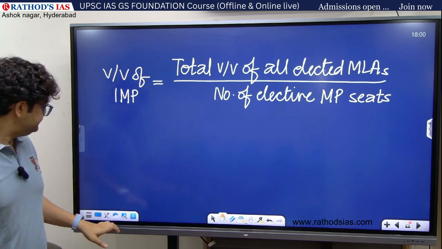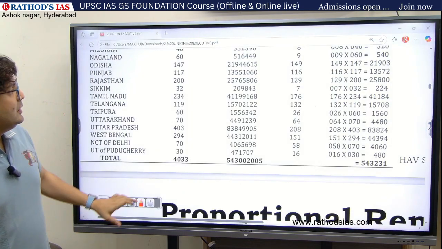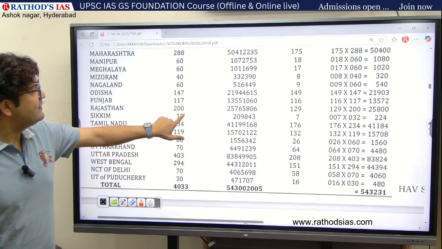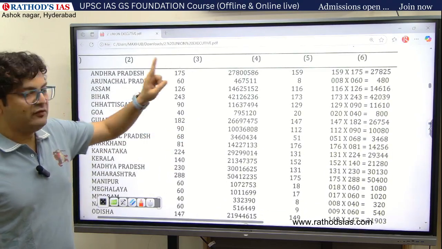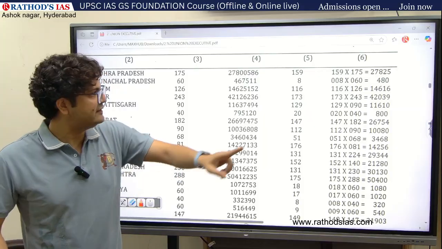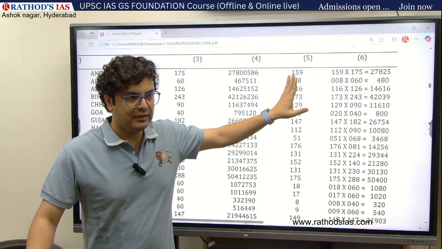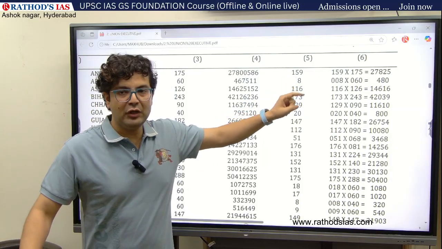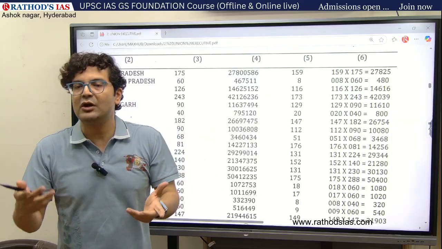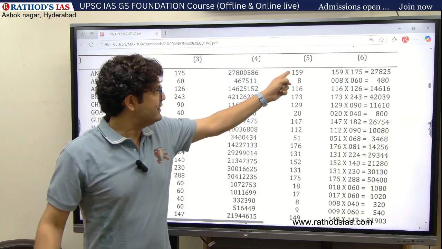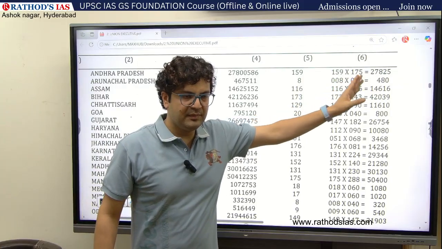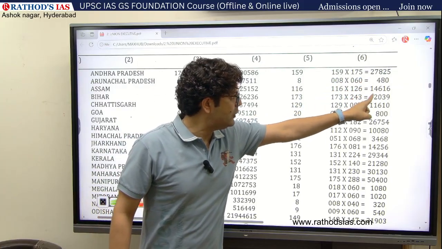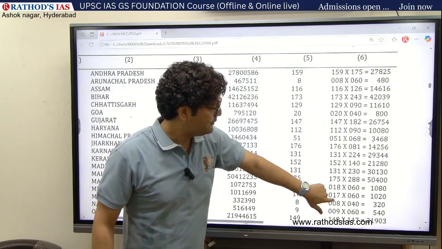So let me show you. What have we done here? We have taken the vote value of one MLA of one state, say Andhra Pradesh, 159. We calculate the vote value of all the MLAs of Andhra Pradesh. How do we do it? 159 into the number of MLAs. This means 27,000. Similarly, calculate the vote value of all the MLAs of all the states.